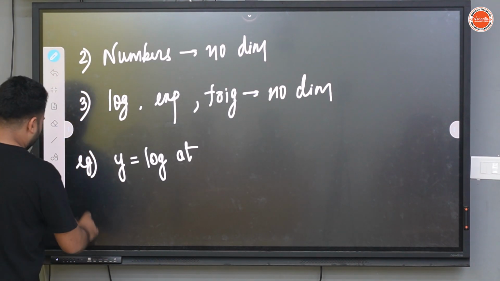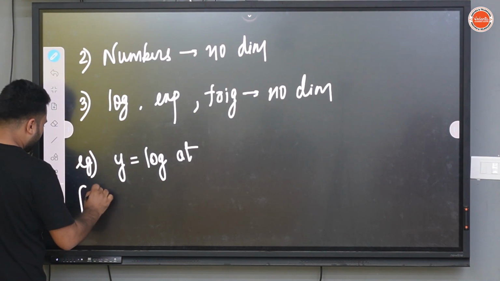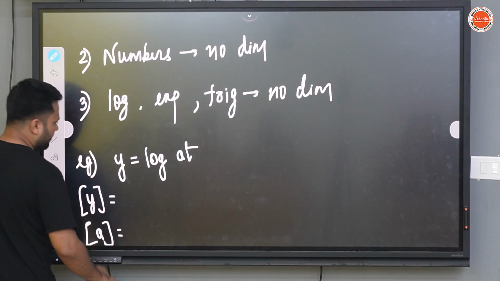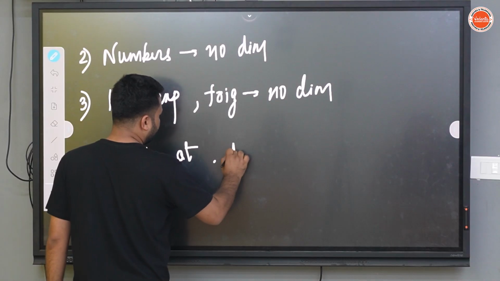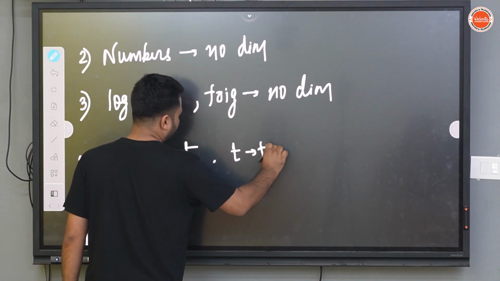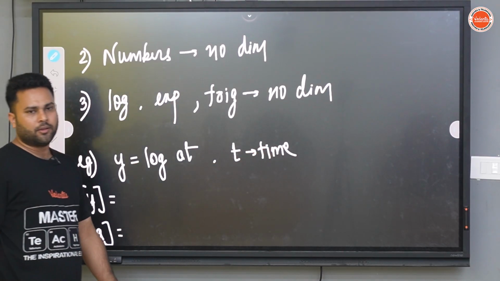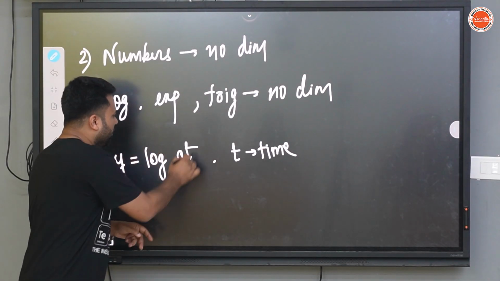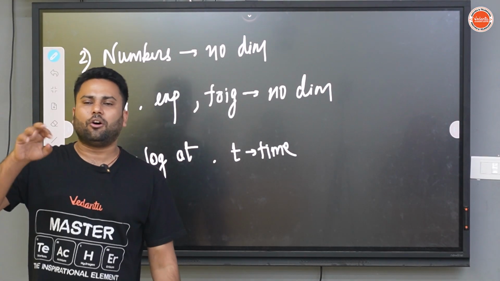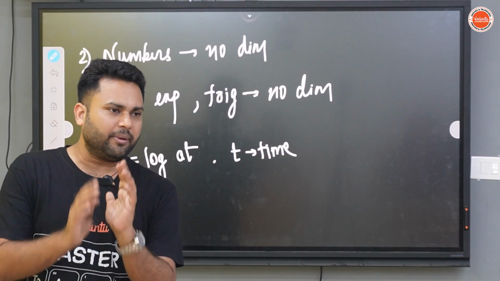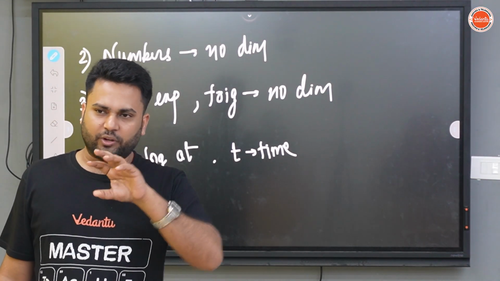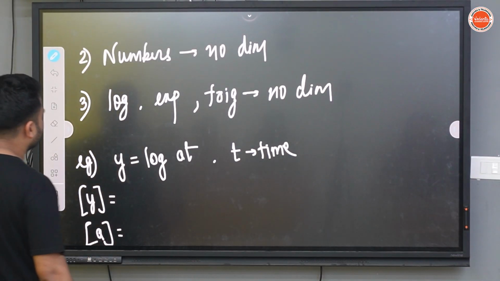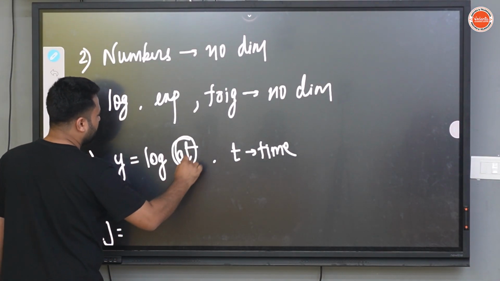What they are asking is, what is the dimension of y, what is the dimension of a, where t is time. See this carefully. Log of something, we calculate log of 10, log of 9, so 80 will be a number, na? So 80 will have no dimension, and this term will have no dimension.